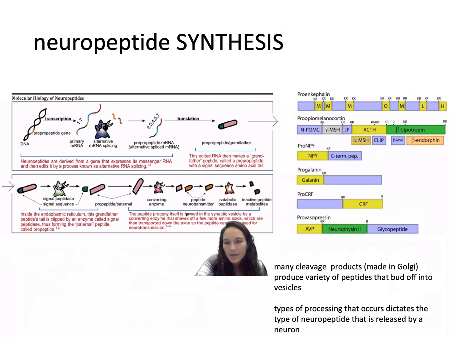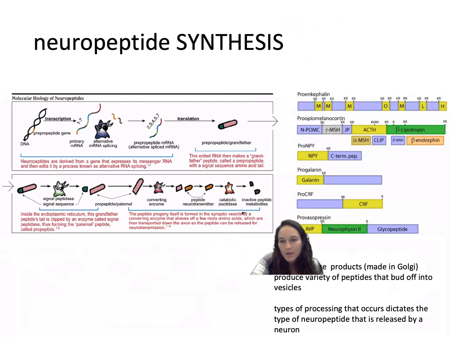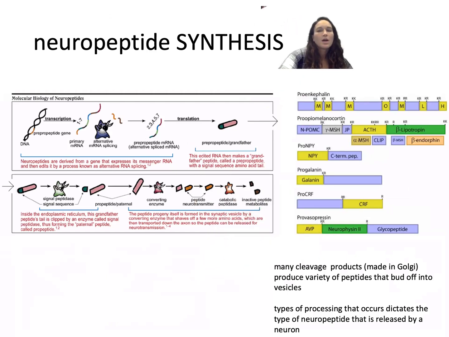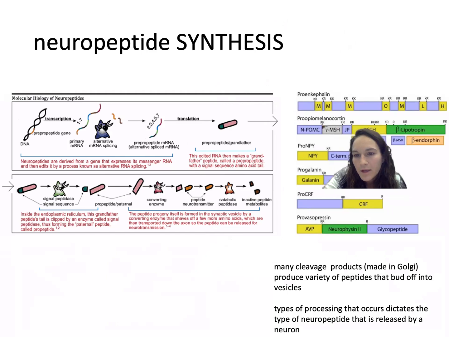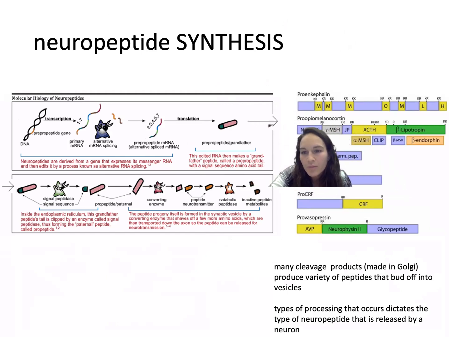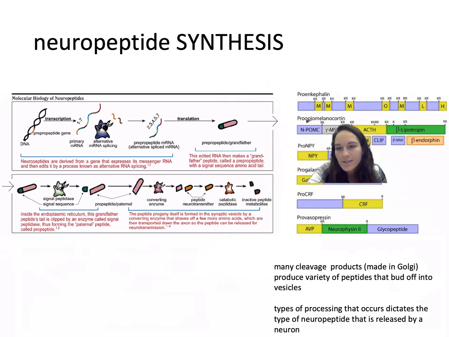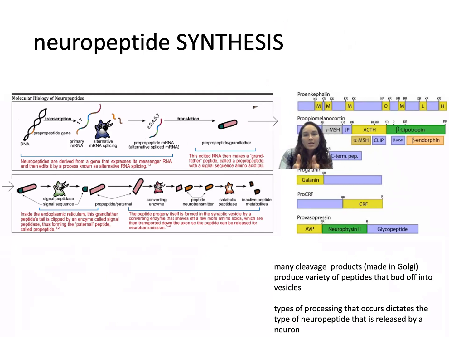So POMC is going to have its own receptor, and some of the other tiny molecules that it could be, like AVP, for example, or sorry, let's see, what's part of pro-opiomelanocortin here. So if we broke it up, if we had an ACTH here, that is going to act on its own receptor, or we could release the entire full length peptide of POMC and it can have its own receptor that it acts on.